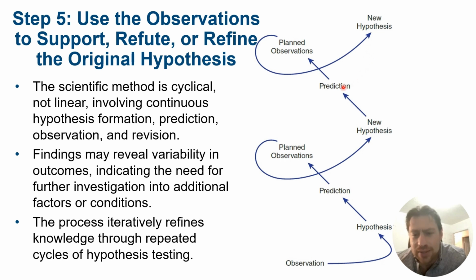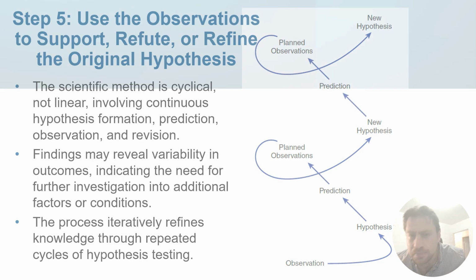This process iteratively refines knowledge through repeated cycles of hypothesis testing, and this is how our knowledge of human psychology gradually expands and becomes more accurate over time and over many, many experiments.